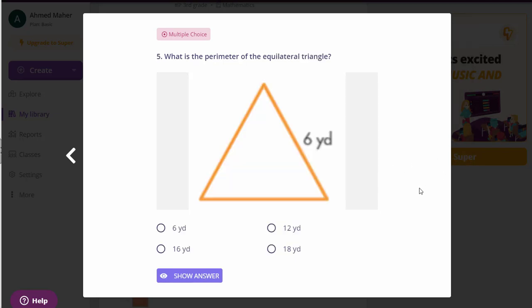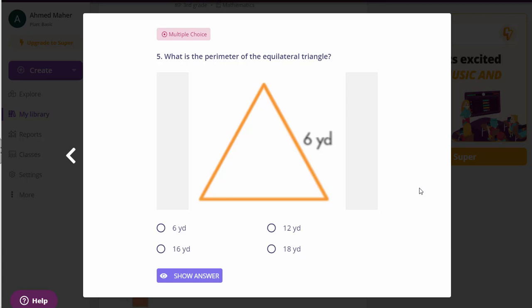And now, my heroes, this is an equilateral triangle. Hamza. Yes, teacher.